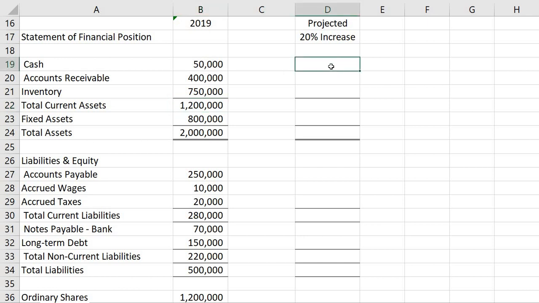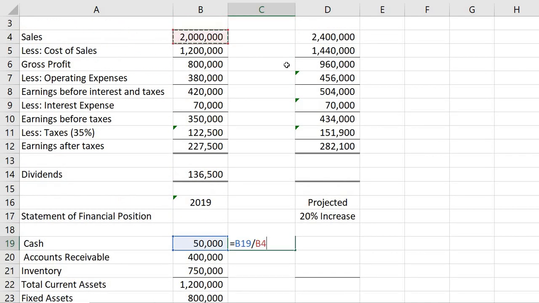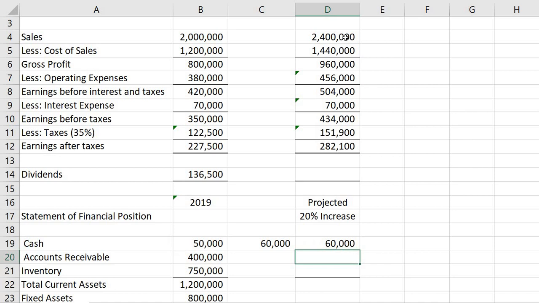So to compute the projected cash, divide your cash of 50,000 by the current sales to get the proportion, then multiply it by the projected sales of 2,400,000. Or you can simply multiply your 50,000 by 120% or 1.2. The resulting amount is the same.